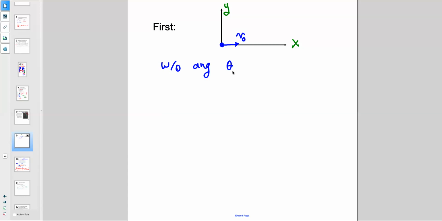Okay, so in other words, theta is 0. That's the first type.